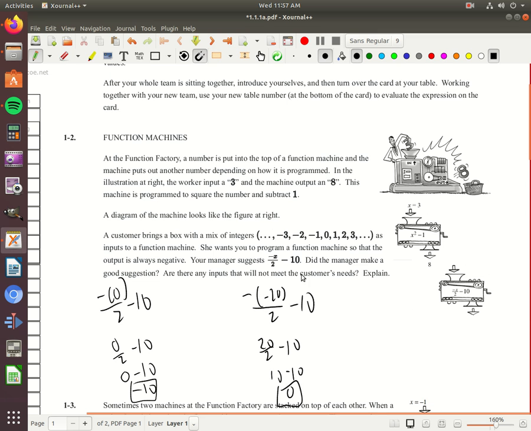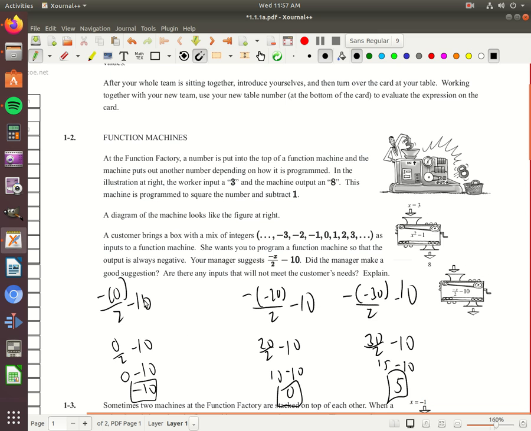So I would say that the manager was incorrect, because any number that's smaller than negative 20 will actually make this thing go positive. For instance, if I plug in a negative 30, negative 30 is positive 30 over 2 minus 10, which would be 15 minus 10, which would be 5, and I would get a positive number.